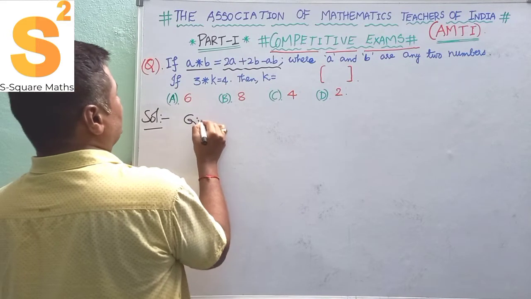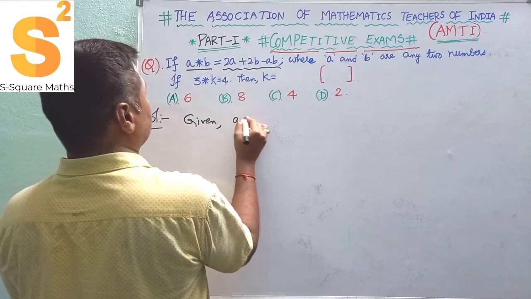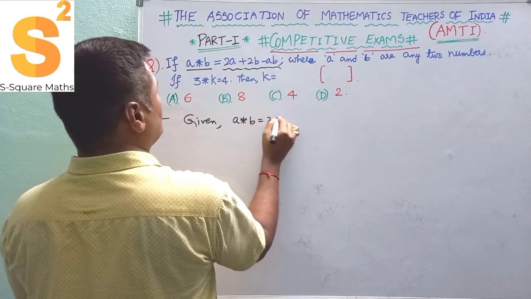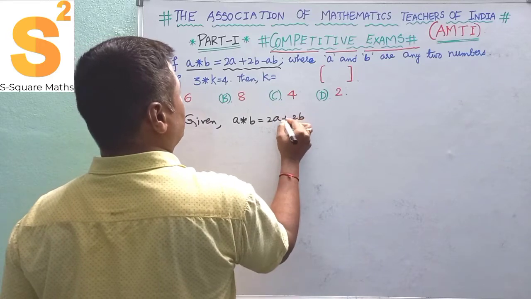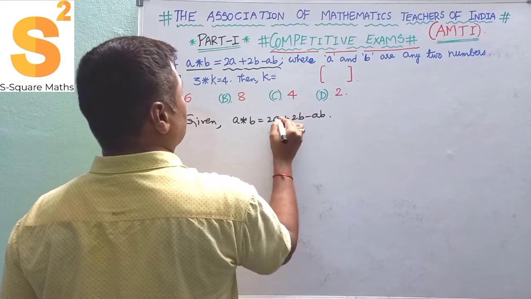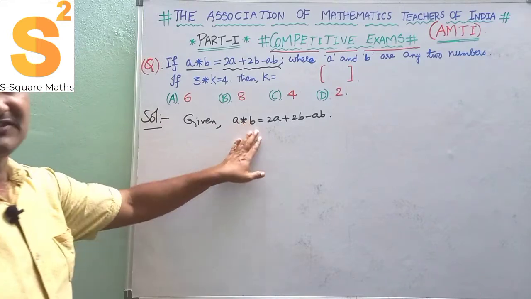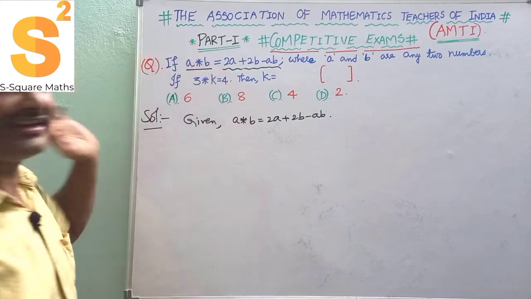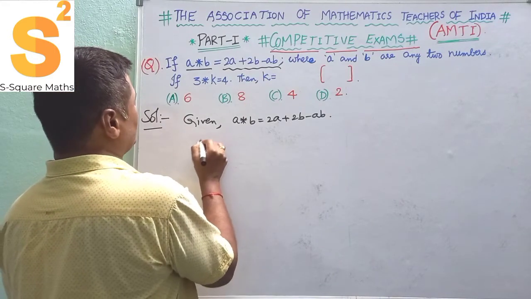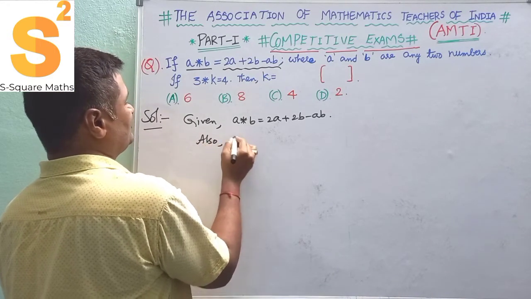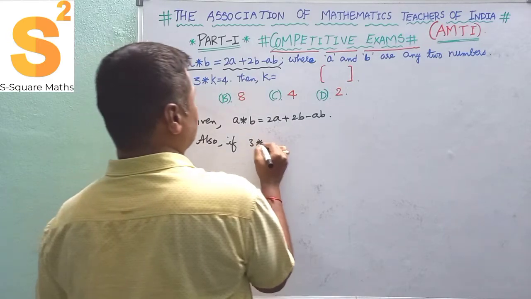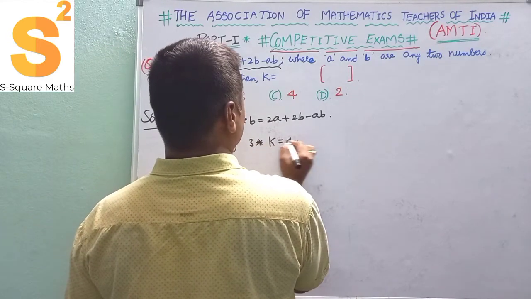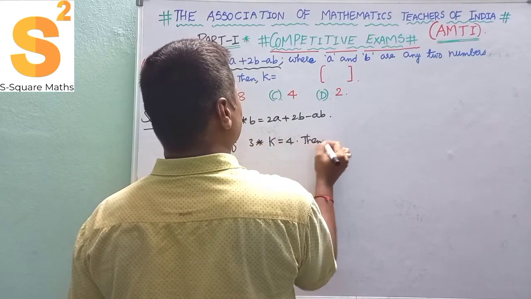Given a star b is equal to 2a plus 2b minus ab. This is the definition of the binary operation defined between the two variables. Also if 3 star k is 4, then you have to determine the k value.